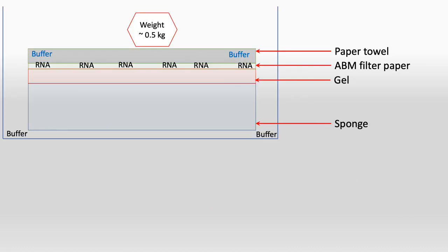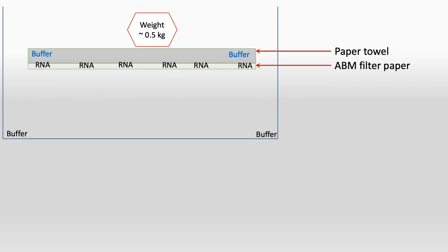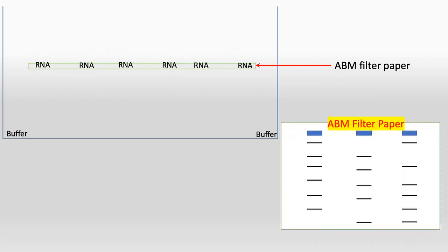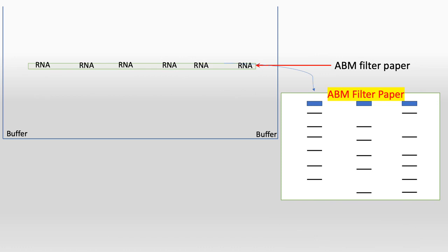Now the next step is we remove everything, for example the sponge, the gel, the paper towel, and the weight. And we take the membrane out, and now the membrane will have the imprints of all those RNA fragments that were present in the gel.